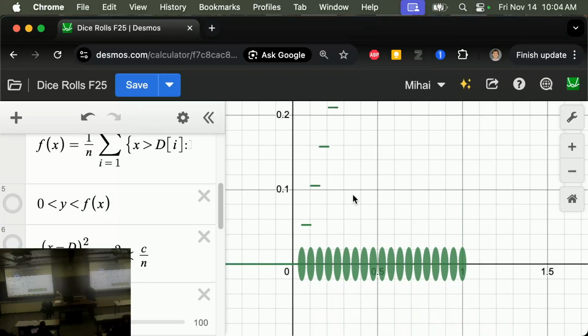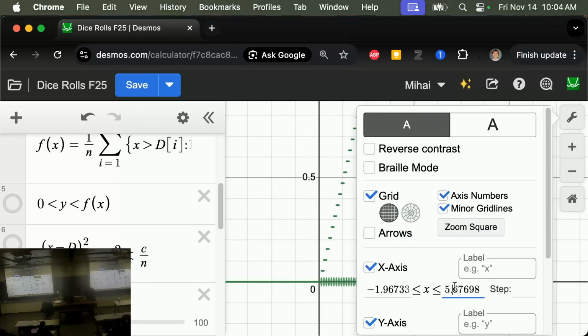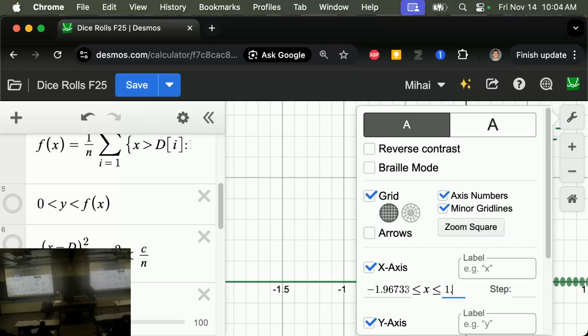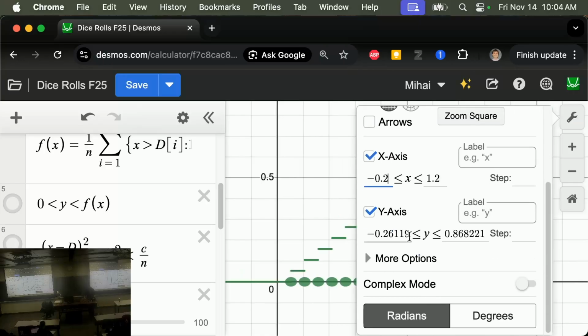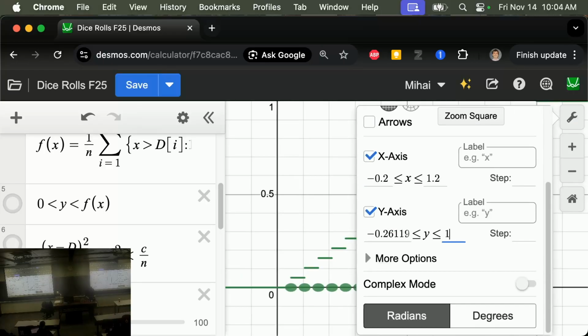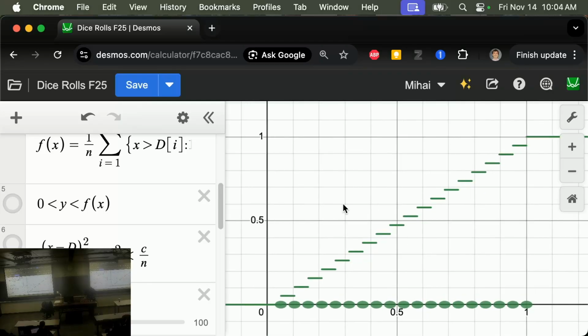But there are my points. And there's my cumulative distribution function. All right, I immediately zoomed out to change this. Negative 0.2. And then we want the y-axis to also be going up to 1. Very similar kind of vibe. Okay, let's do that. Okay, so there's my atoms down here.